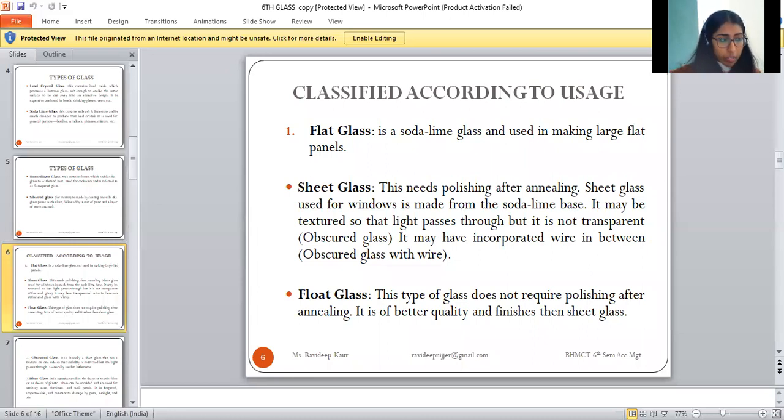That whole process of getting it shaped and cooled down was the annealing process, which is why this float glass doesn't require the polishing layer, which used to be done for sheet glasses.